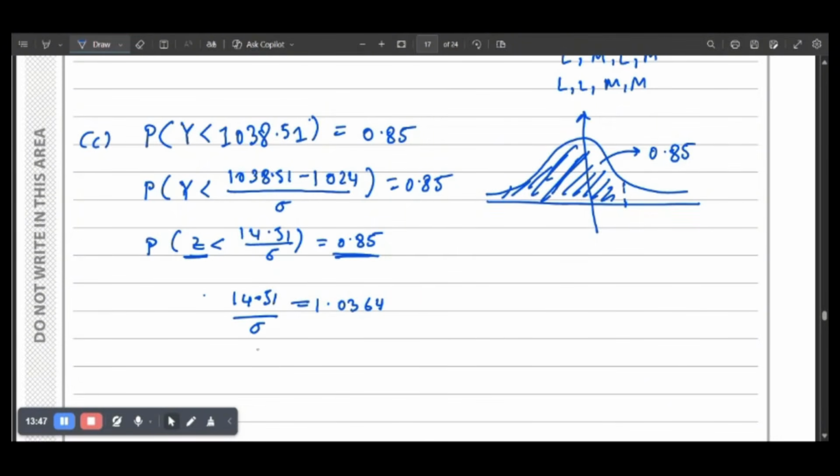This will give us a standard deviation of 14.51 divided by 1.0364, which will be equal to 13.999 from our calculator, and this is equal to 14.0 grams to the nearest gram.